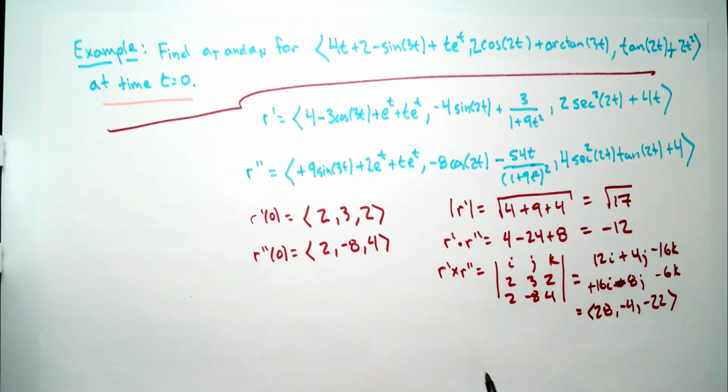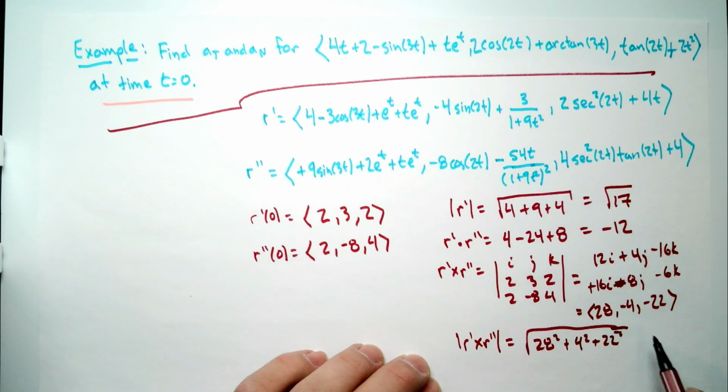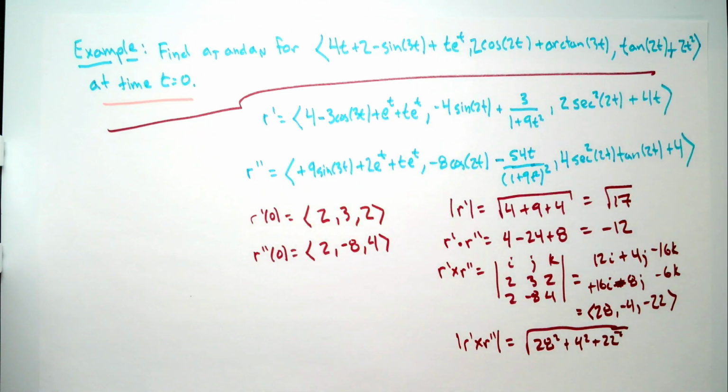So now, what is the magnitude of r prime cross r double prime? Well, it's the square root of 28 squared plus negative 4 squared plus 22 squared. Whatever that turns out to be, it's a number. For our purposes, we just need a value. That's a value. So we can conclude the following.